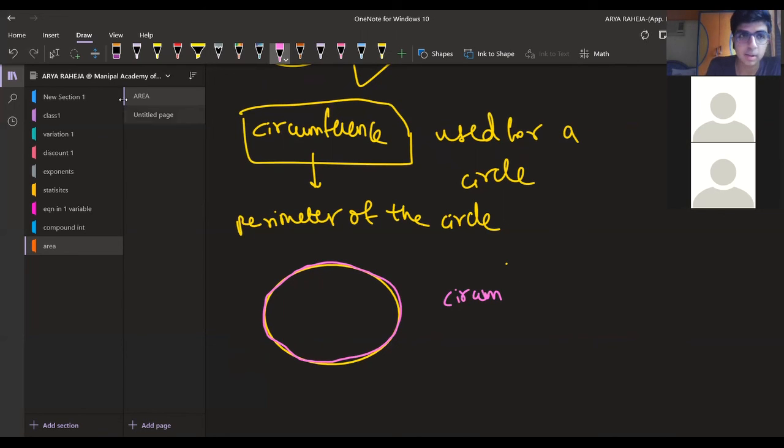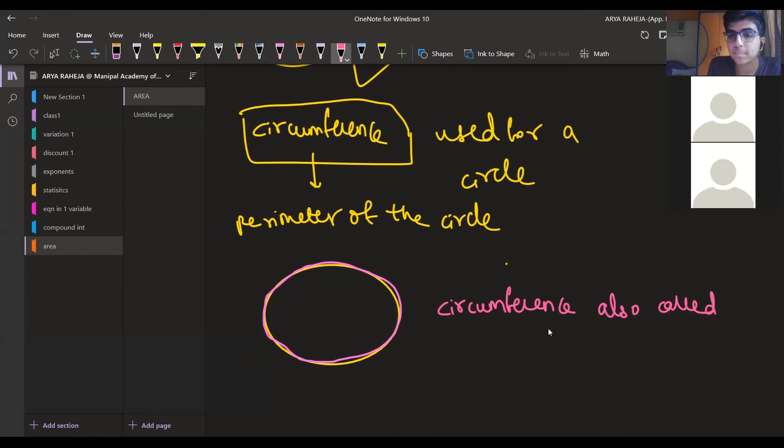Just write this. Circumference, also called perimeter. Perimeter or circumference both mean the same thing. Just remember this.